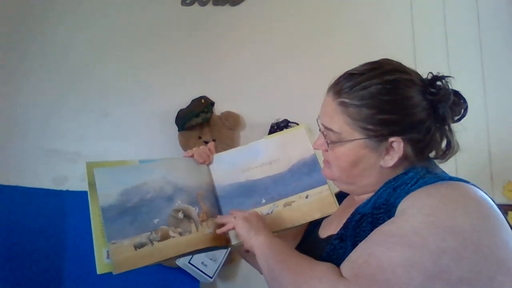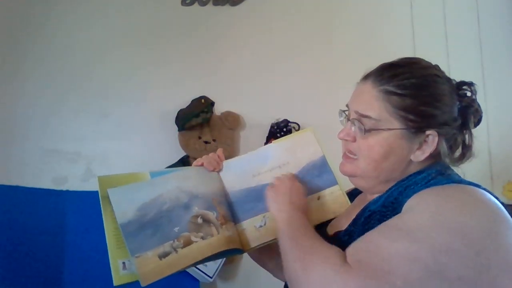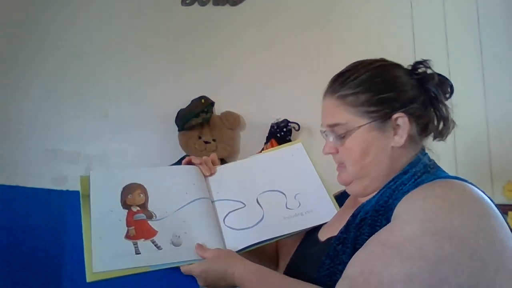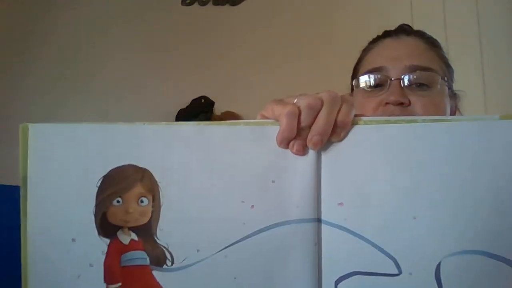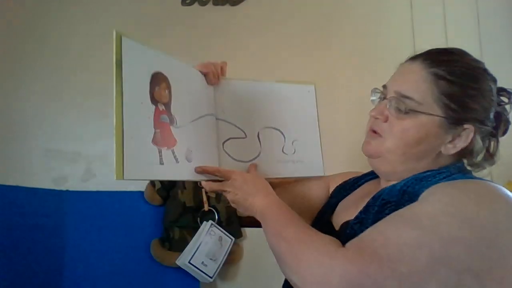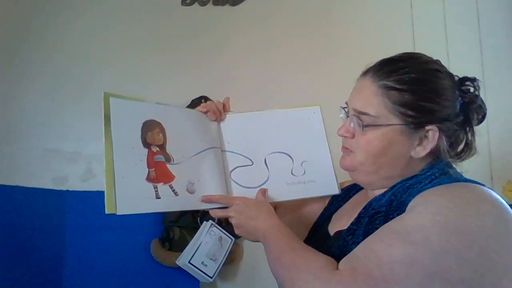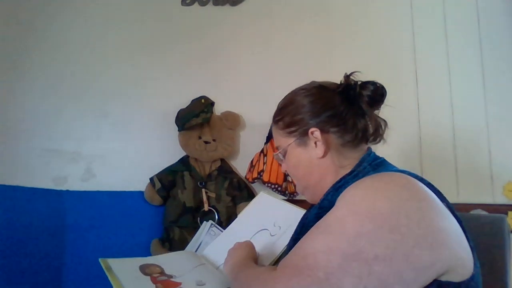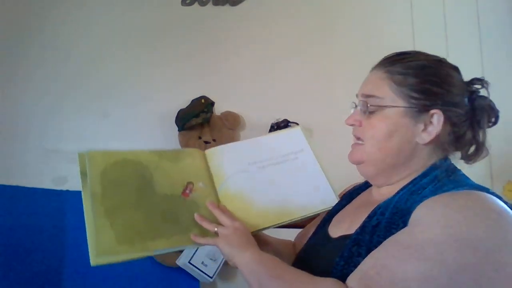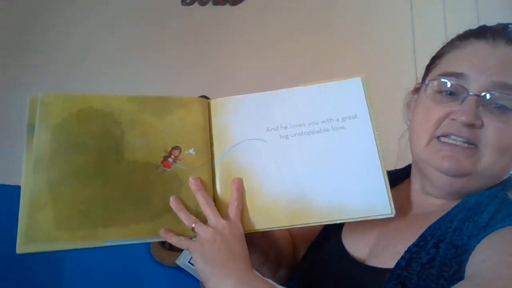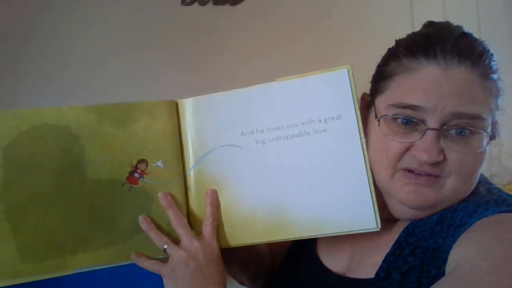The animals, the birds, the mountains, the clouds, the stars, including you. He created you. While you were in your mommy's tummy, God was putting you together just the way He wanted you to be. And he loves you with a great, big, unstoppable love.